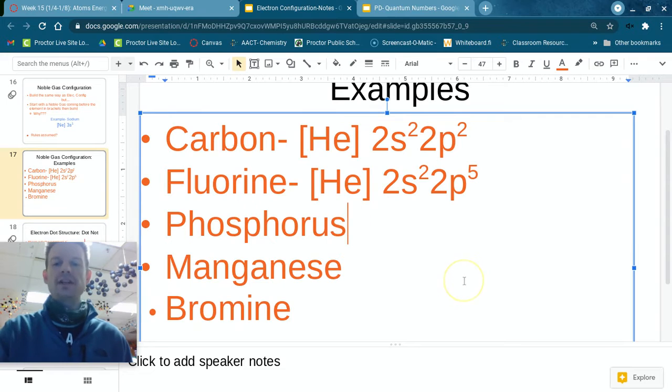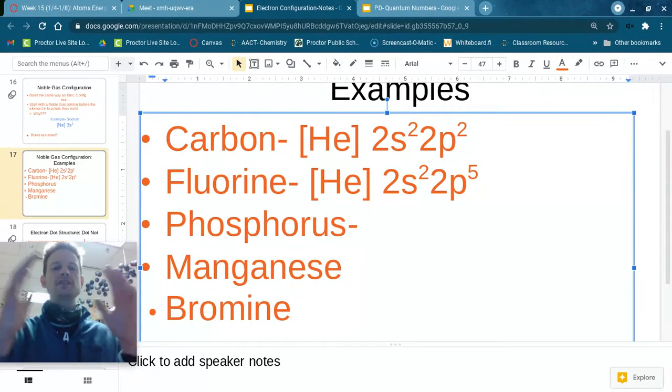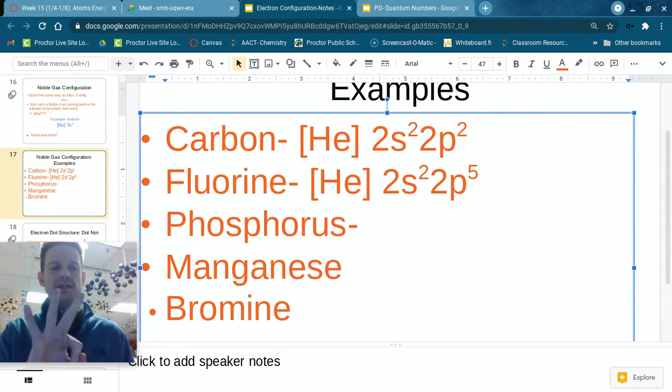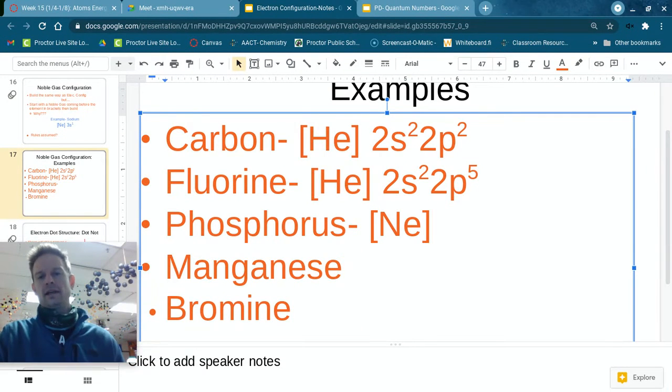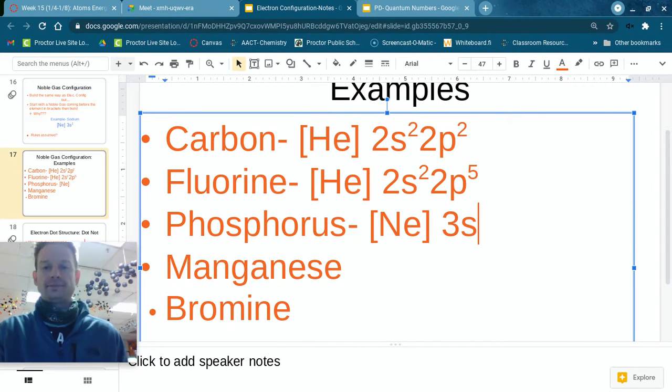Now, for phosphorus, it'll help us out even more because phosphorus started to get pretty big. Phosphorus is in period 3, so you look at period 3 and go to the period 2 noble gas, which is neon. Neon is basically 1s2, 2s2, 2p6, so we don't have to write any of those. We could just start at 3s.